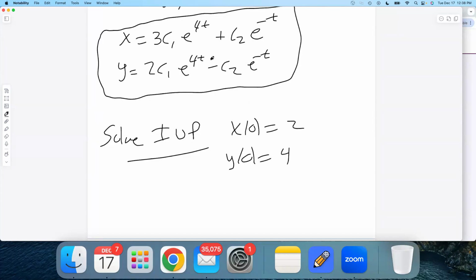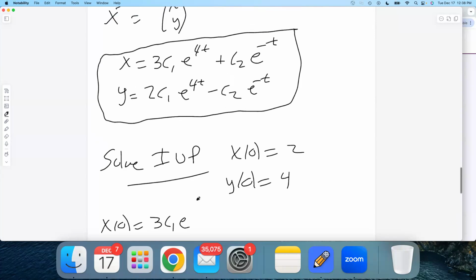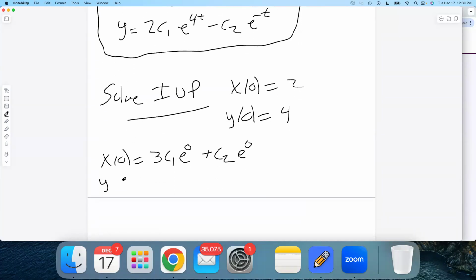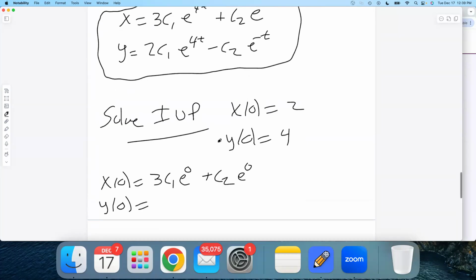So we're literally just solving for C1 and C2 now. x of 0 means plug in 0 for t. 3c1 e to the 0t, that's just 1, plus c2 e to the -0, that's going to be a 1, and that's supposed to equal 2. x of 0 is 2.